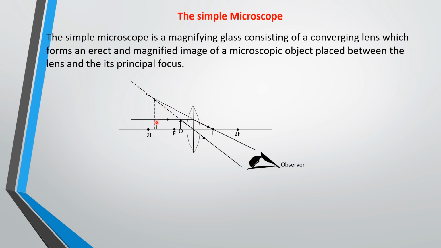The simple microscope is a magnifying glass consisting of a converging lens which forms an erect and magnified image of a microscopic object placed between the lens and its principal focus. So if an object is placed between the lens and the principal focus, you can use this simple microscope to see the object.